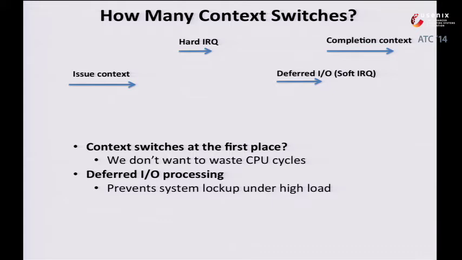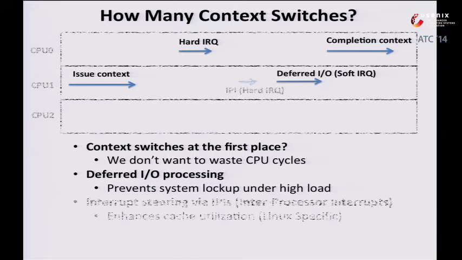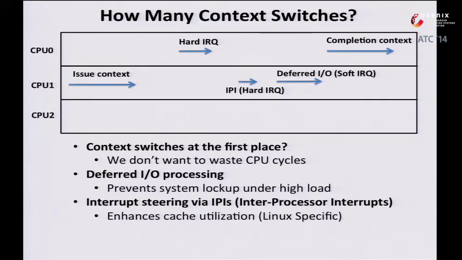But is this all? The devil lives in the details, and in Linux, for example, interrupts are steered to enhance the CPU cache utilization of I/O processing, thus improving system throughput. And this is actually implemented using an IPI call, which introduces another context switch.